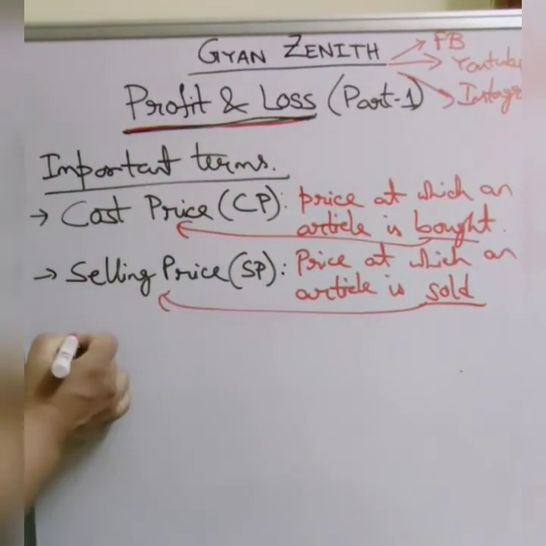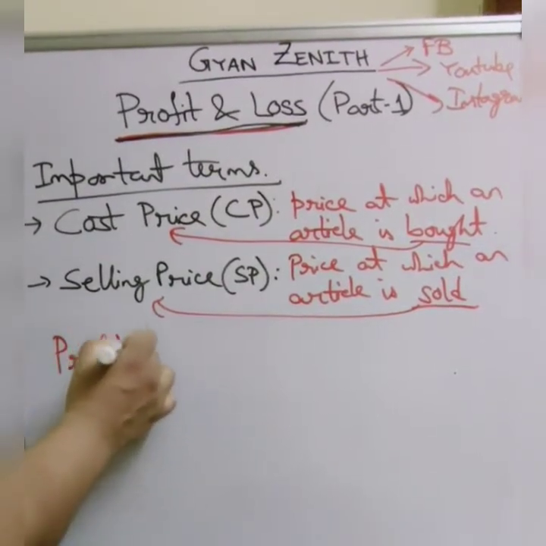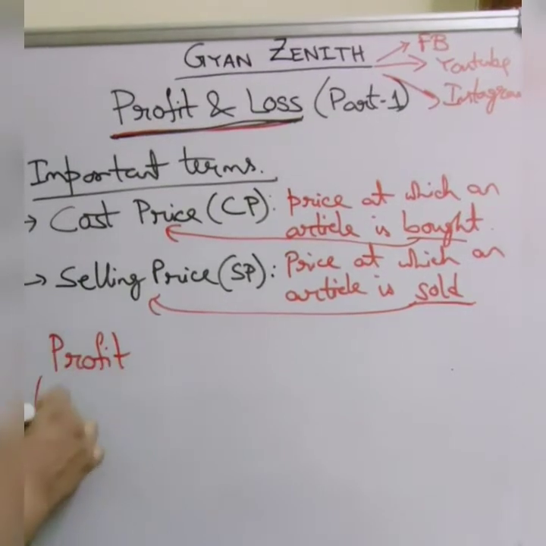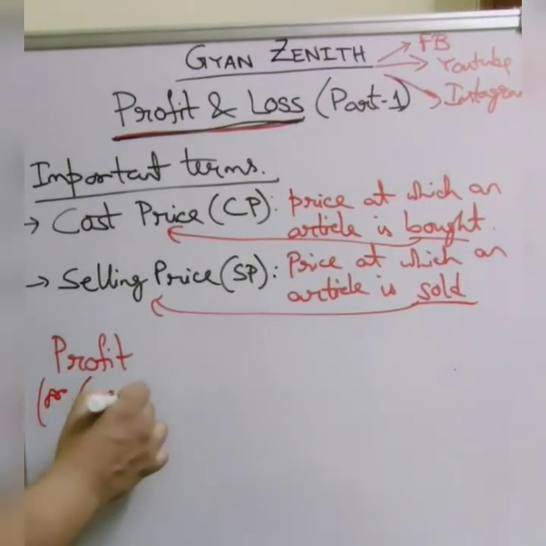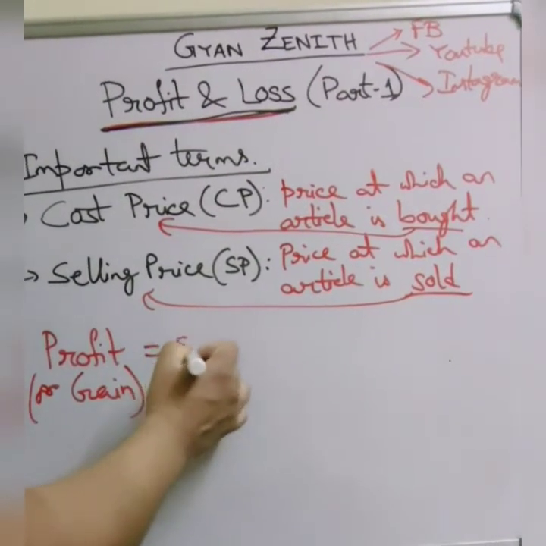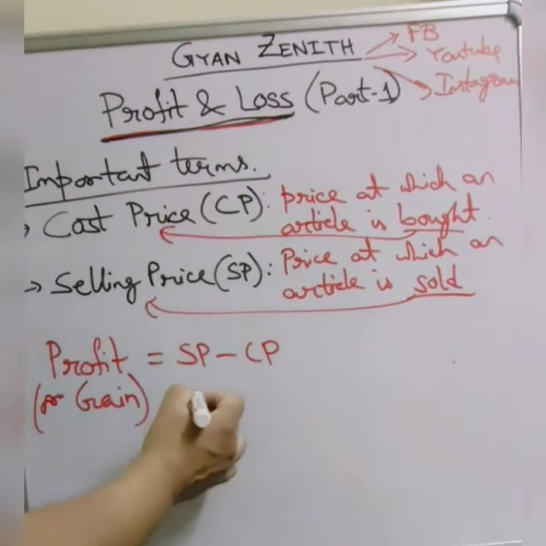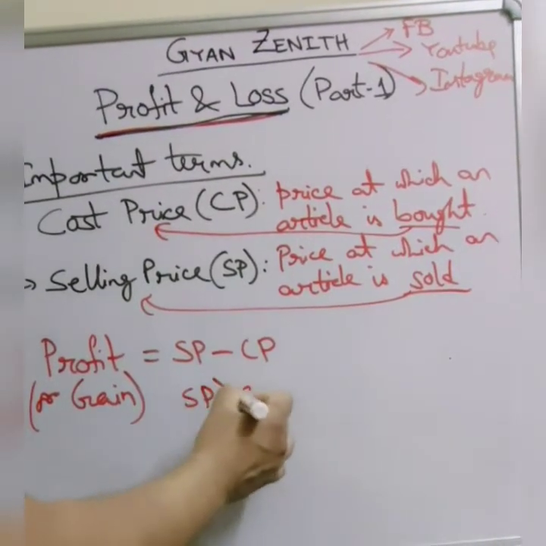Now there is one term that is profit, or we'll say gain, another name. So profit equals SP minus CP. It means SP is greater than CP.